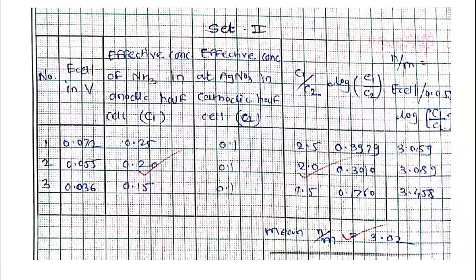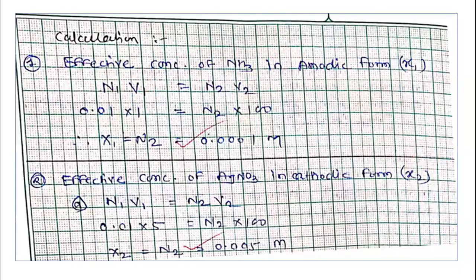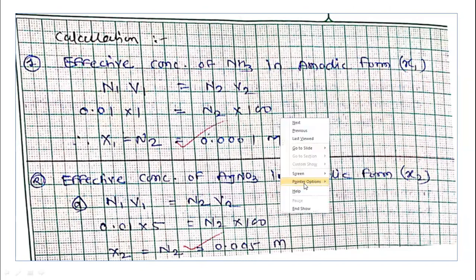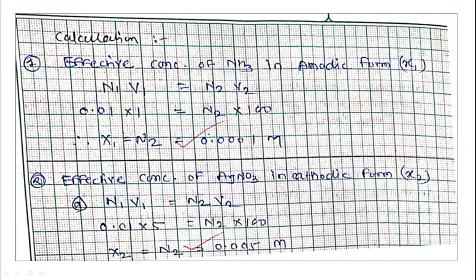For set 1, the effective concentration of the silver nitrate in the anodic compartment is X1.